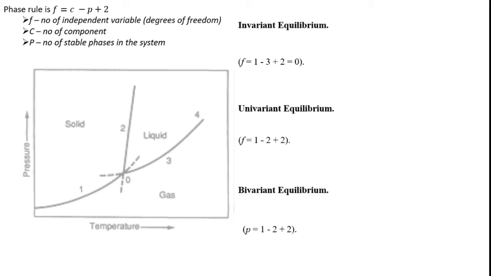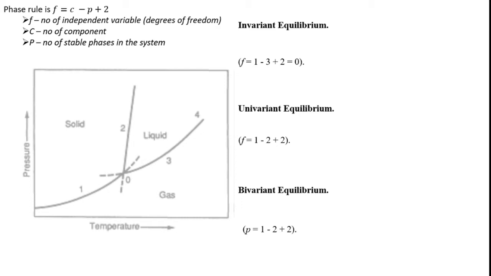The area below curves 1 and 4 is the gaseous state, between 1 and 2 is the solid phase, and the space between 2 and 3 is the liquid phase. So every material has three phases, gaseous, liquid and solid, and we can explain these three states with this pressure-temperature diagram.